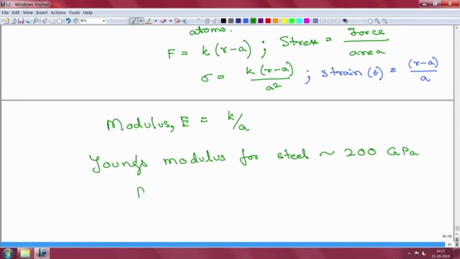Whereas, for rubber, this value often comes out to be somewhere around 0.01 to 0.1 gigapascals. For Teflon, it can be in the range of 0.5 gigapascals.